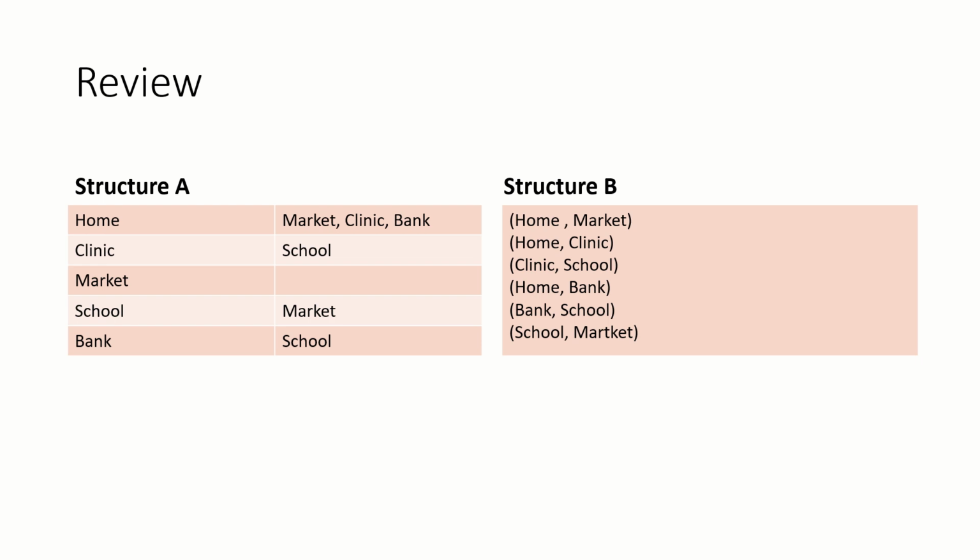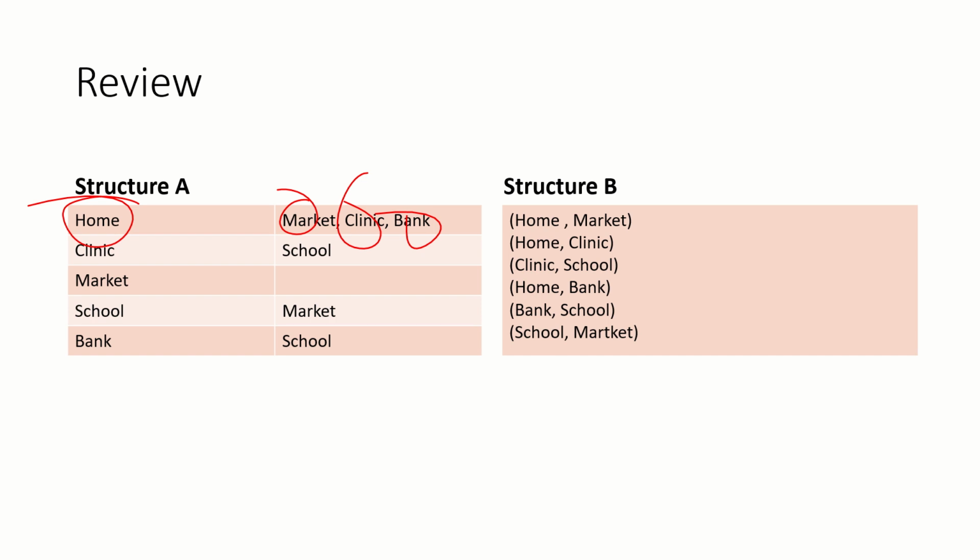For example, for structure A, if I ask how many routes from home to the different destinations, it's very easy. As long as you find the location home, then you can just know, okay, there's three routes, right?